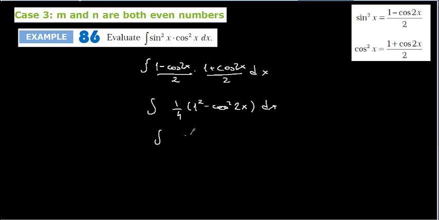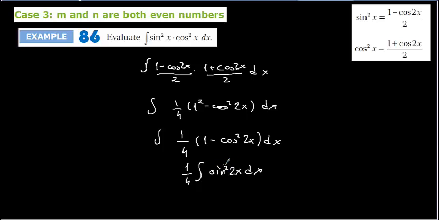That's equal to the integral of 1 over 4 times 1 minus cosine squared 2x, which is sine squared 2x. Taking 1 over 4 in front of the integral, we get sine squared 2x dx.